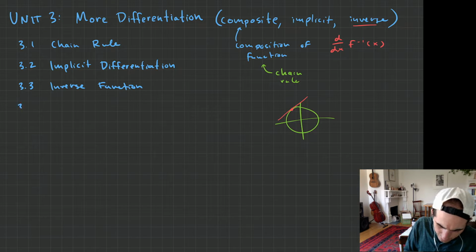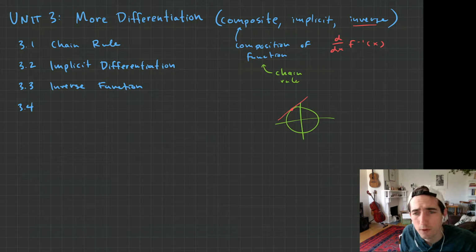Okay, 3.4, let's see what 3.4 is. That's differentiating inverse trig functions.